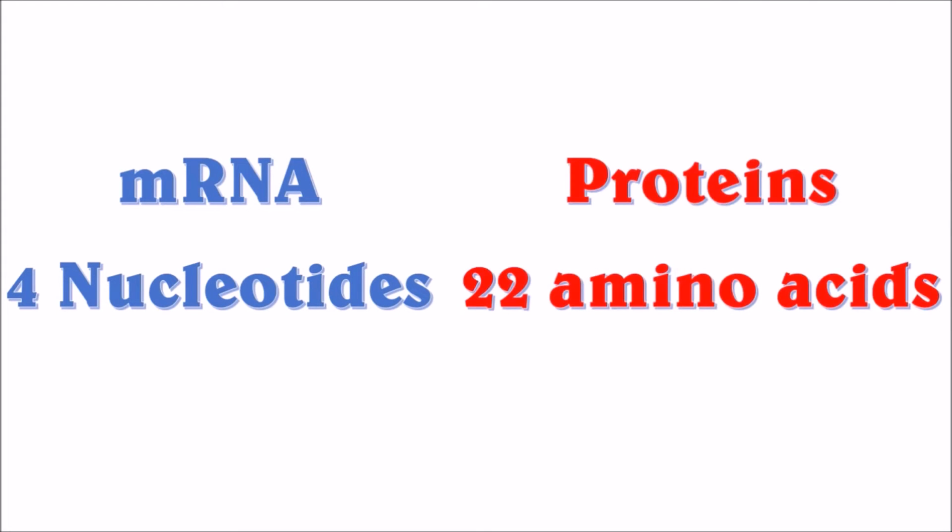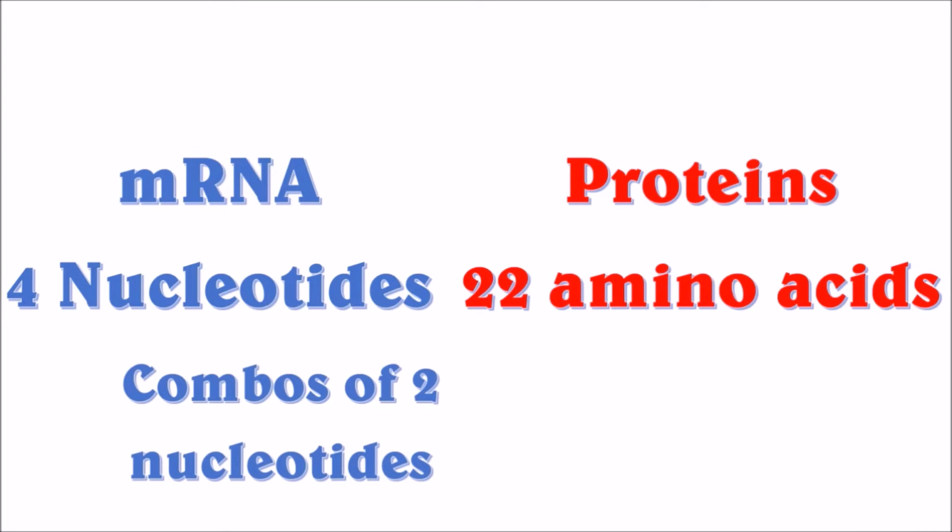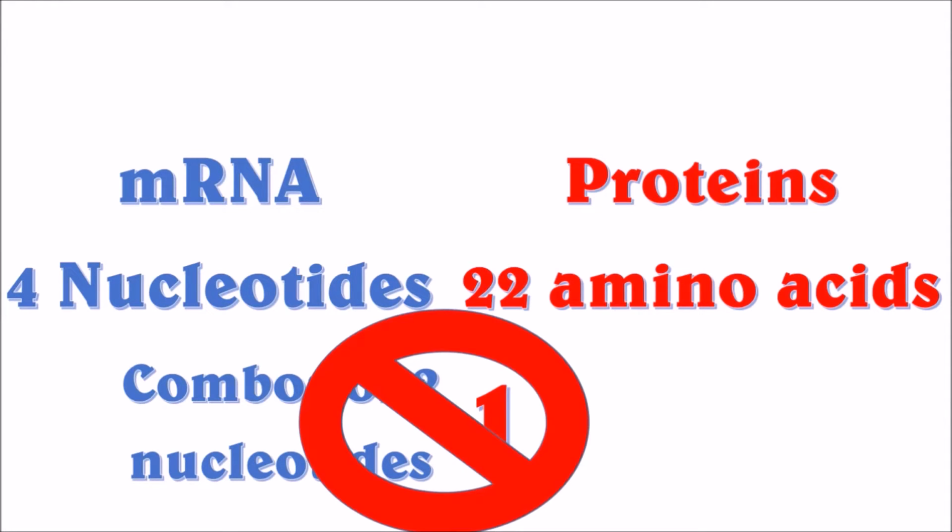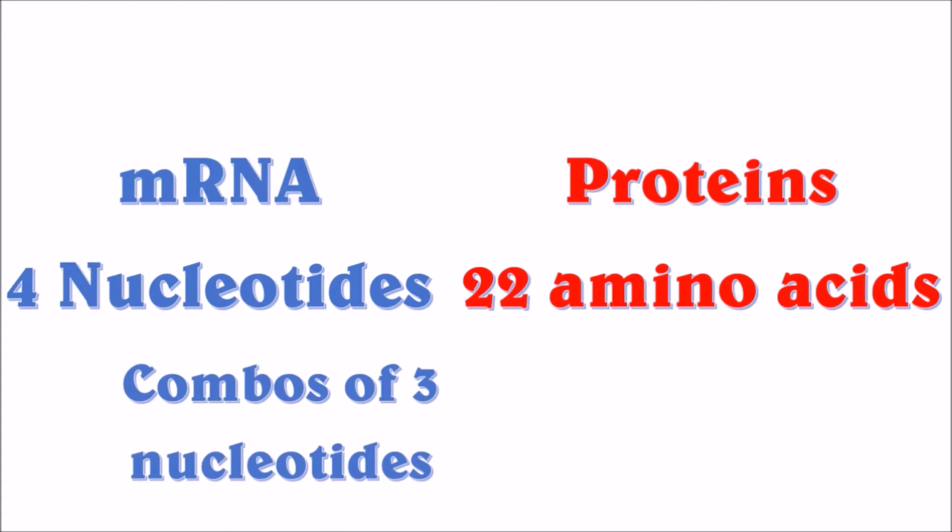If we did combos of 2 nucleotides at a time to compose an amino acid, that number is still impossible because it gives us mathematically only 16 options. So we're still short. Scientists then thought, what if we do combos of 3 nucleotides at a time? Ding, ding, ding, ding, ding. That was the correct answer because there are 64 different possibilities, as seen in the genetic code table.